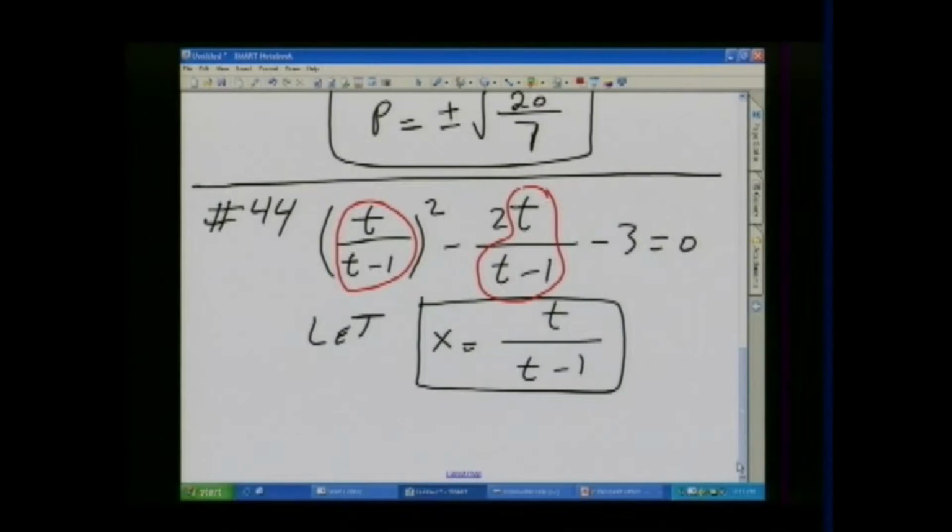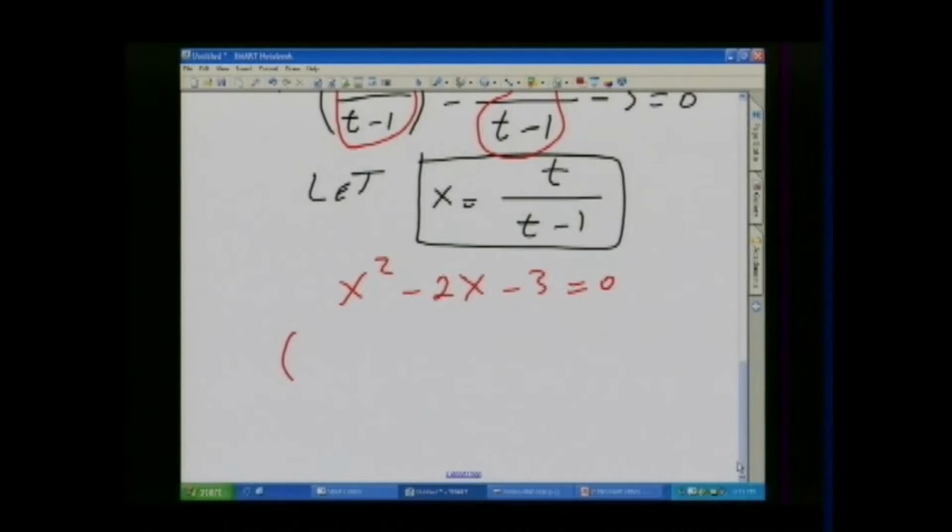So in other words, this can be written as x squared minus 2x minus 3 equal to 0. Now you can solve for x by factoring: x minus 3 times x plus 1. If you multiply these together, you will come up with the quadratic equation you have on top.